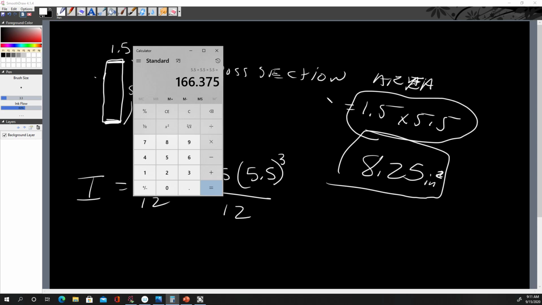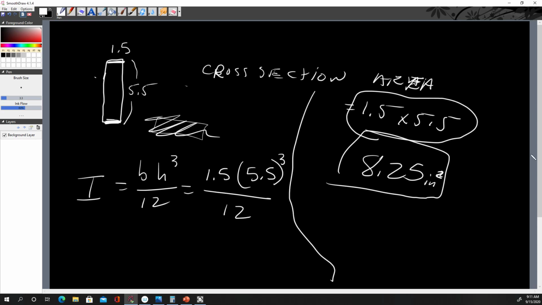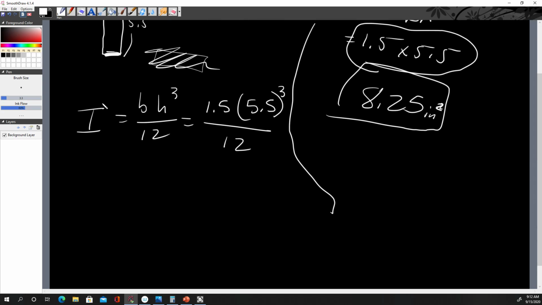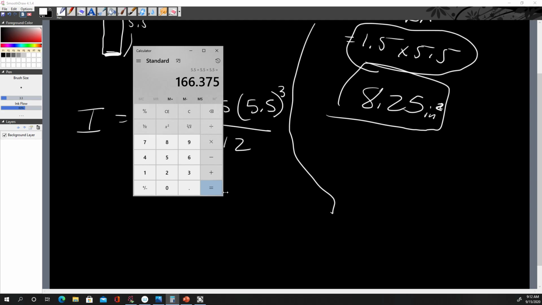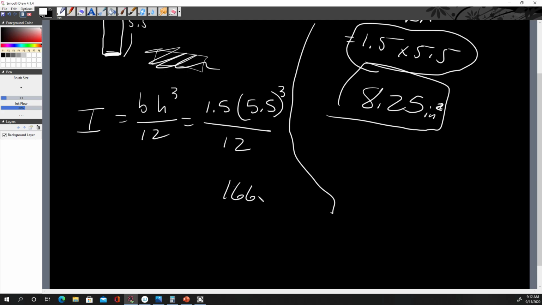So by the way, I'm going to try to do my work over here and see if I can bring this down a little bit. There we go. And so that's 166.375. That's that number cubed. And don't forget, we still have to multiply 1.5, and we'll have to divide by 12 too.